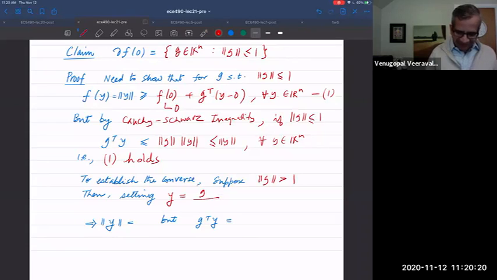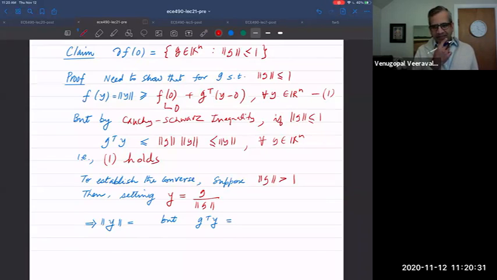Let's try this. You have to think about it for a minute to see why this works, but let's take y equal to just the normalized version of g. Basically g has norm bigger than 1, so I normalize it so that now my y actually has norm 1.